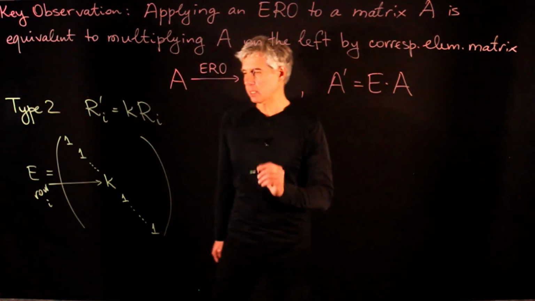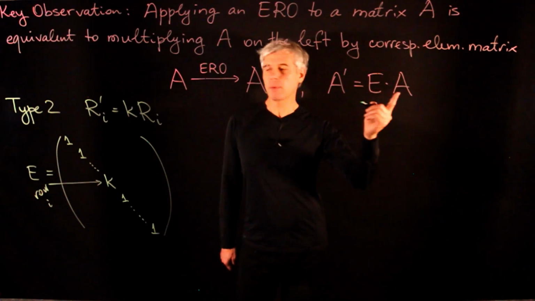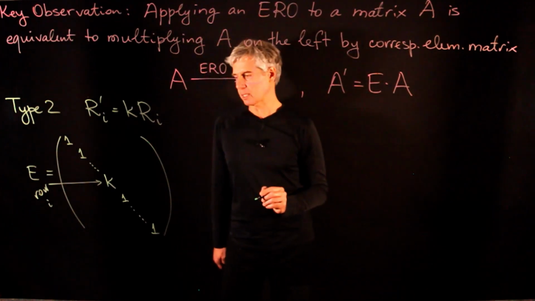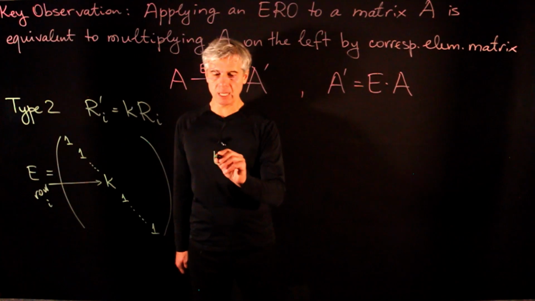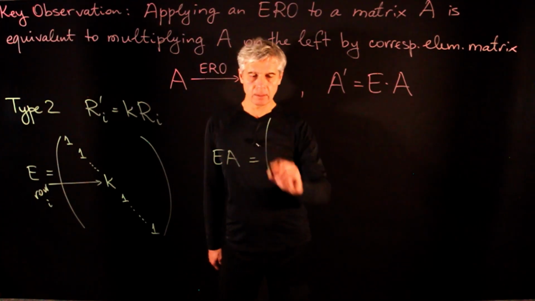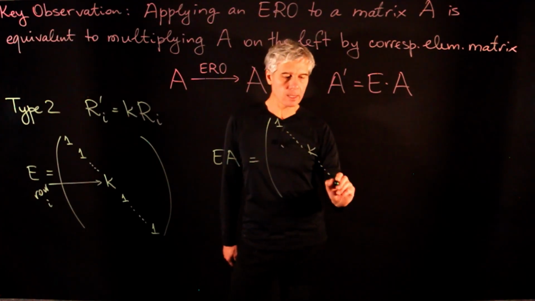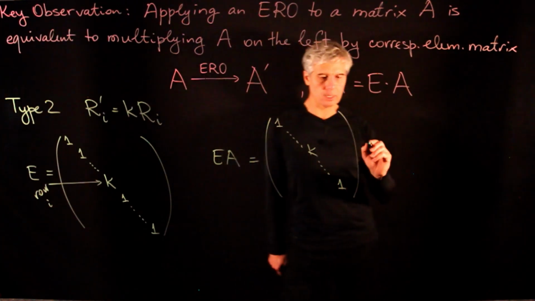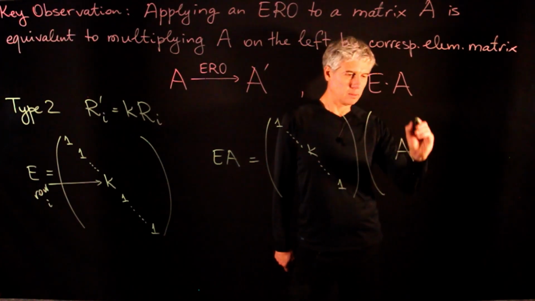And now let us consider this product. Let's take an arbitrary square matrix and multiply it by this elementary matrix. Let us see what is going to happen. So E times A, we get this matrix where we have k in row i, and we have this matrix A here.